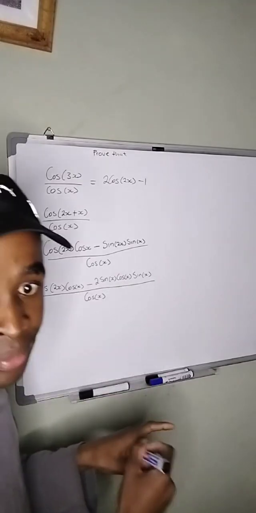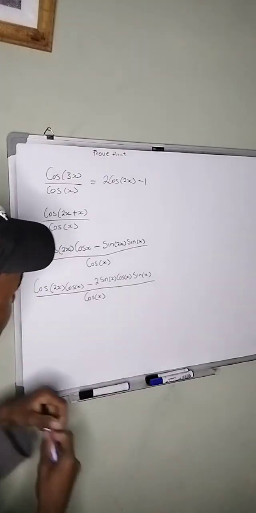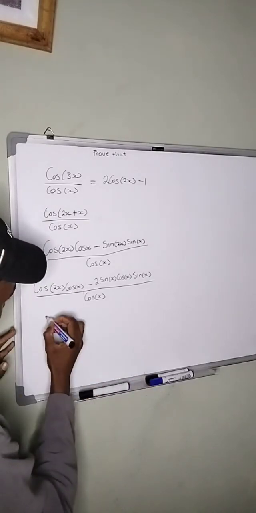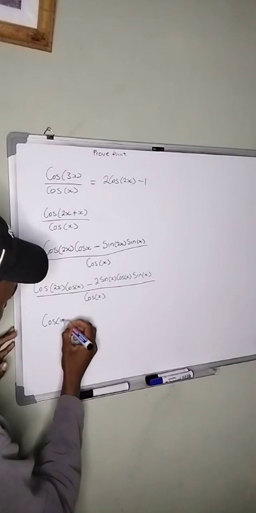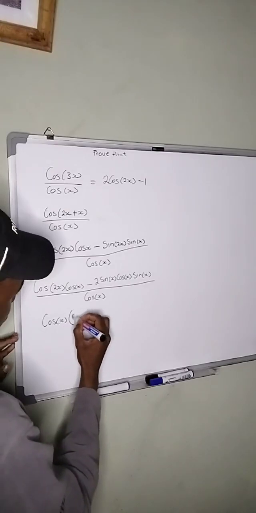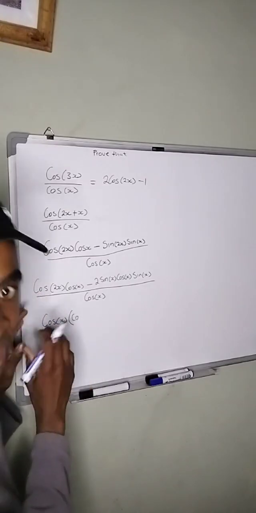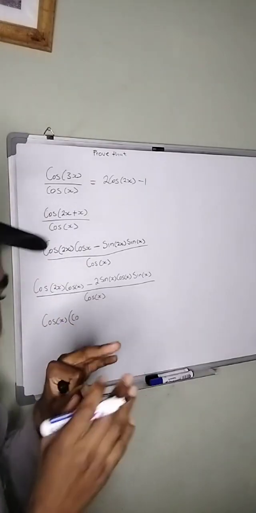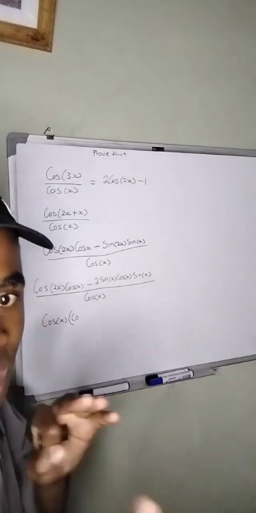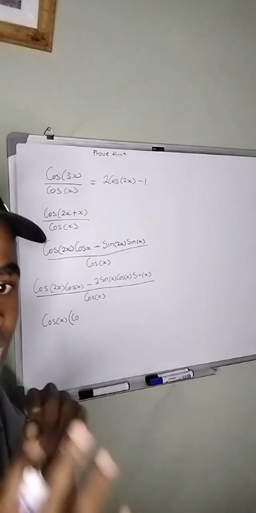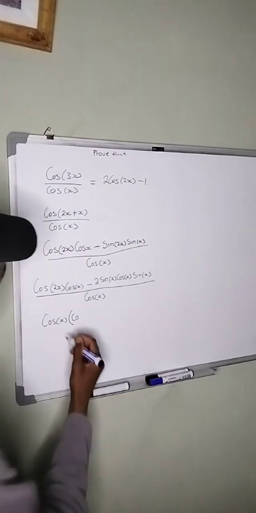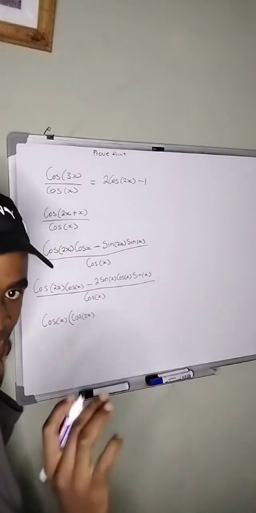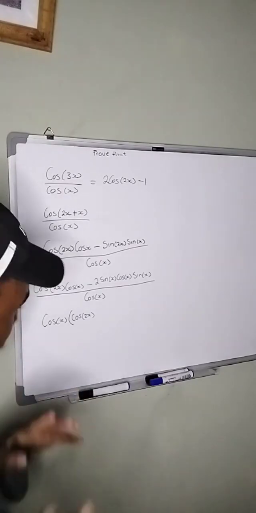Then I'm going to have cos 2x. I'm not rushing to change; I'm still maintaining my formula, cos 2x. I'm not rushing anywhere to change this to its identity.